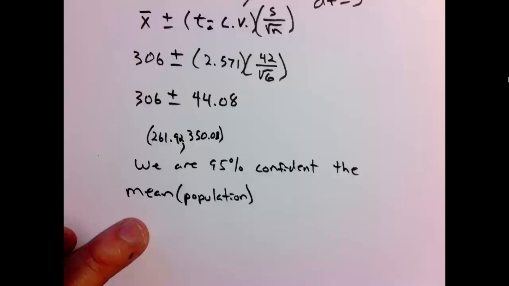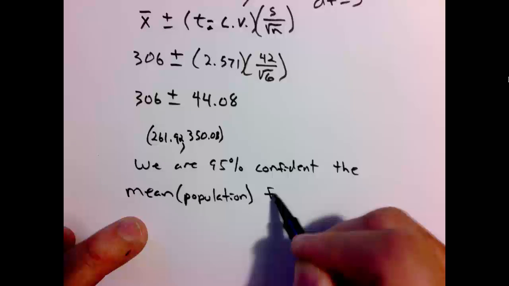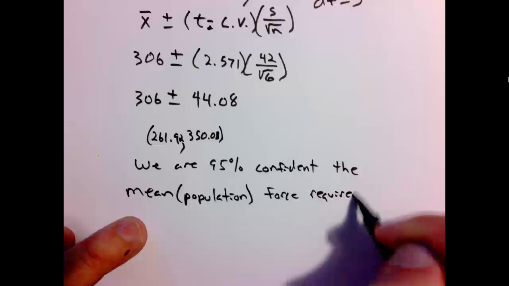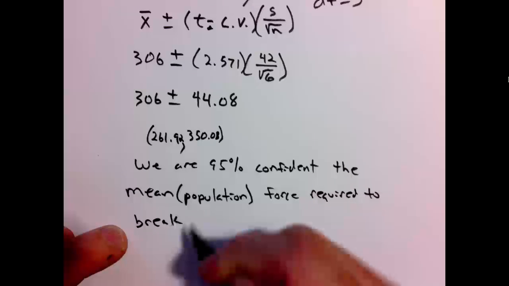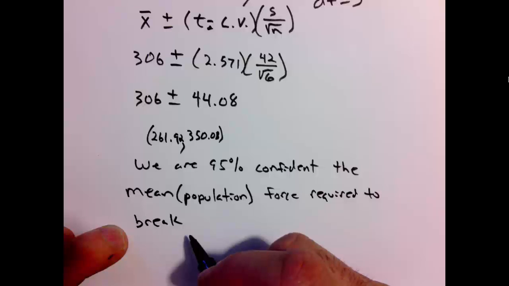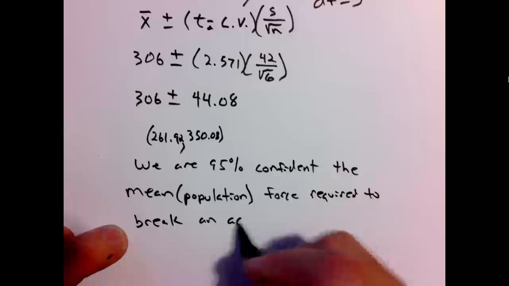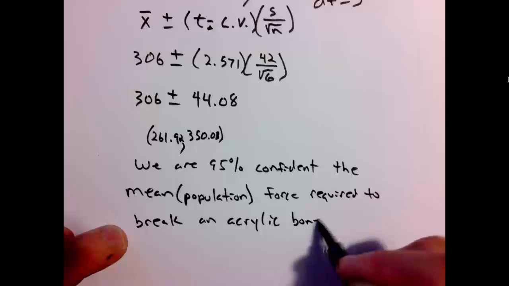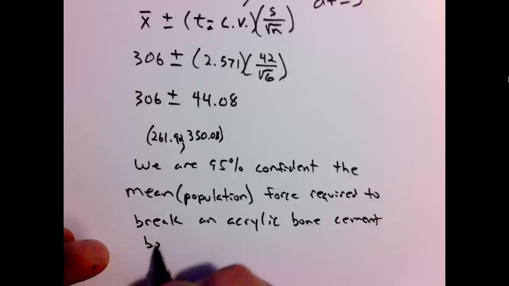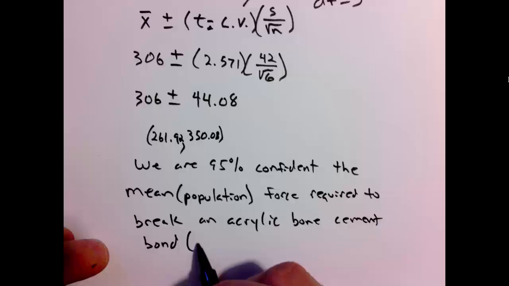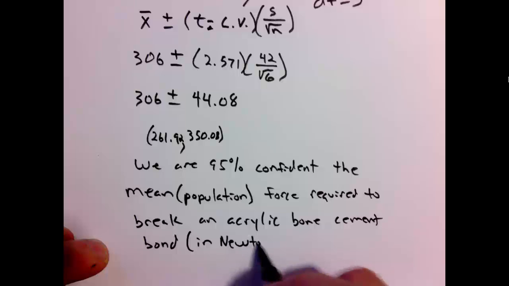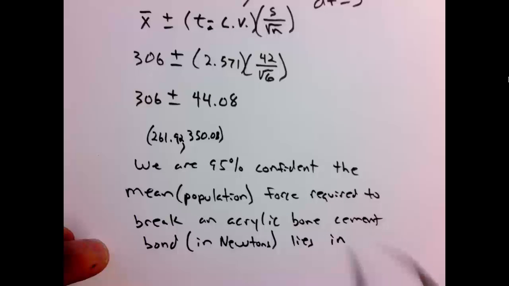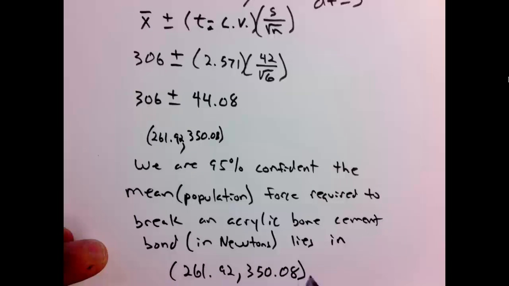The mean force required to break an acrylic bone cement bond, measured in newtons, lies in that stated interval. Lies in 261.92 to 350.08.